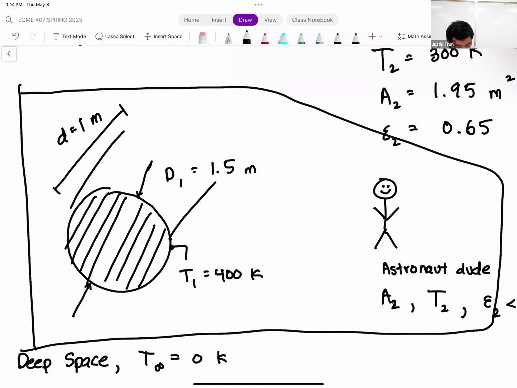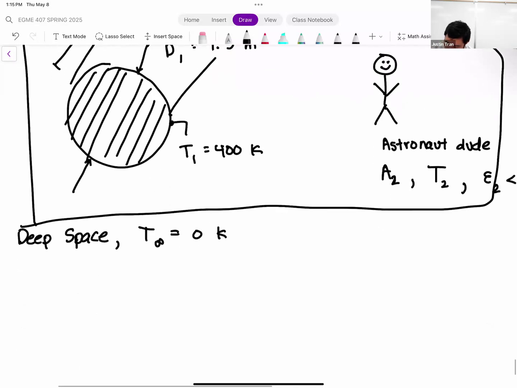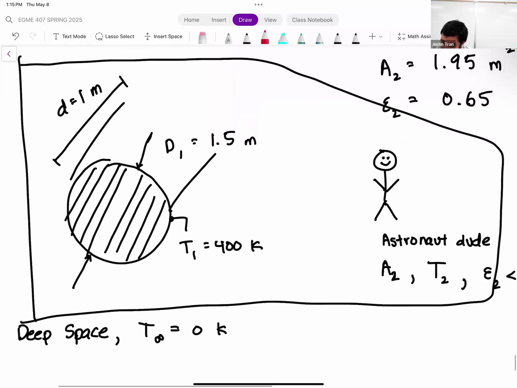Additionally, we do have one of the view factors. So we are given, and let me write this in red, the view factor between the cylinder and the astronaut, F12, is given as 0.3.